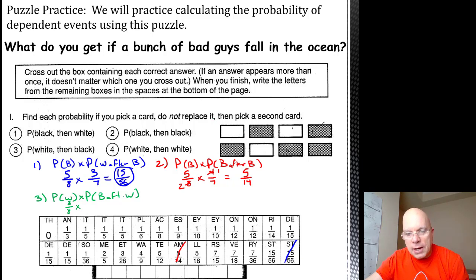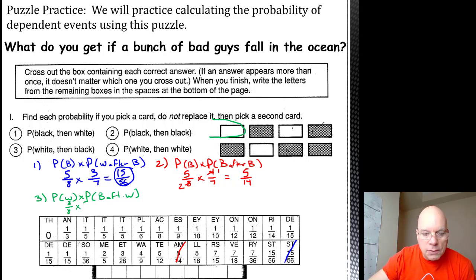Now I'm covering up one white card with my thumb. And then I want a black card now. 5 of the 7 cards are black. So 5/7. There are no common factors in any numerator and denominator. In fact, this is just another version of this, really. So we get 15/56 again.